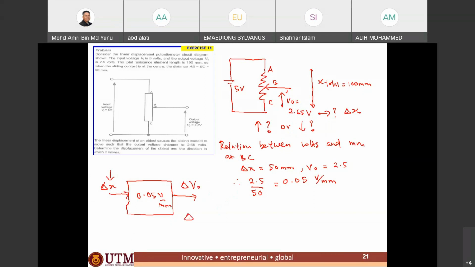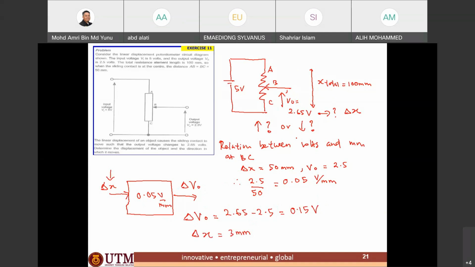Therefore the delta V out is 2.65 minus 2.5. This is basically a change of 0.15 volt. Therefore, we can find the delta X from the sensitivity, and we find that the displacement is 3 mm.